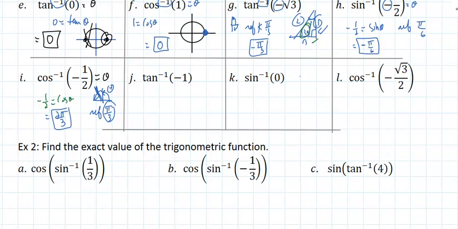How about here? What's the reference angle? If I call this theta, I'm looking for negative 1 equal the tan of theta. Forget the negative. The reference angle, tangent of which angle equal 1: pi over 4. You could draw the triangle if you wish.